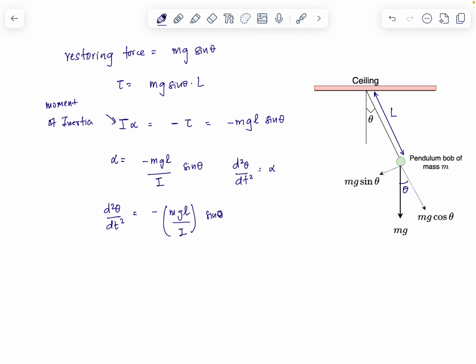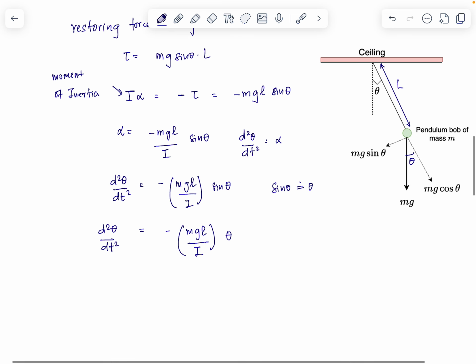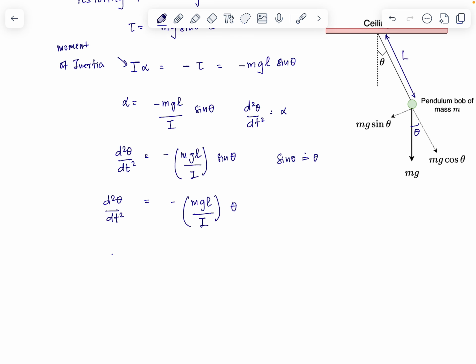When theta is very small, sine theta is approximately equal to theta, so we replace sine theta by theta. Let's compare that to the equation d2x divided by dt squared equals minus k divided by m times x.